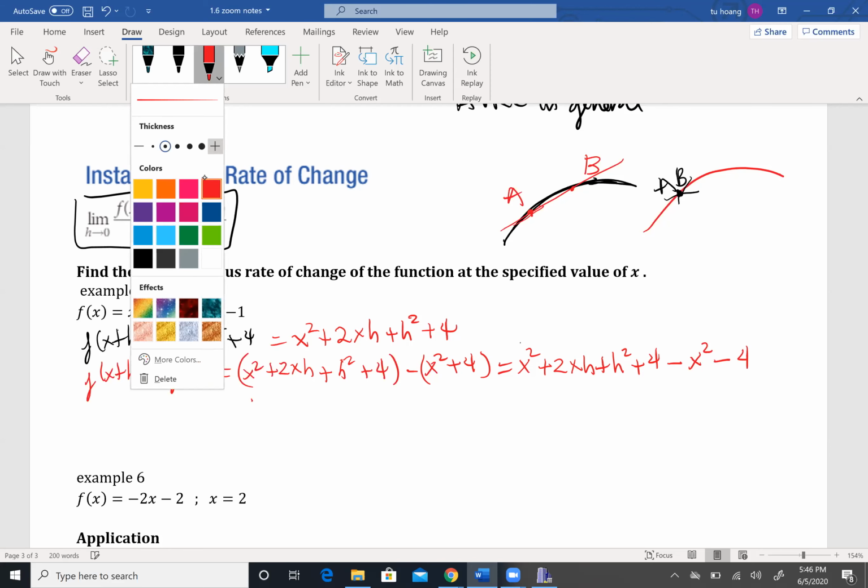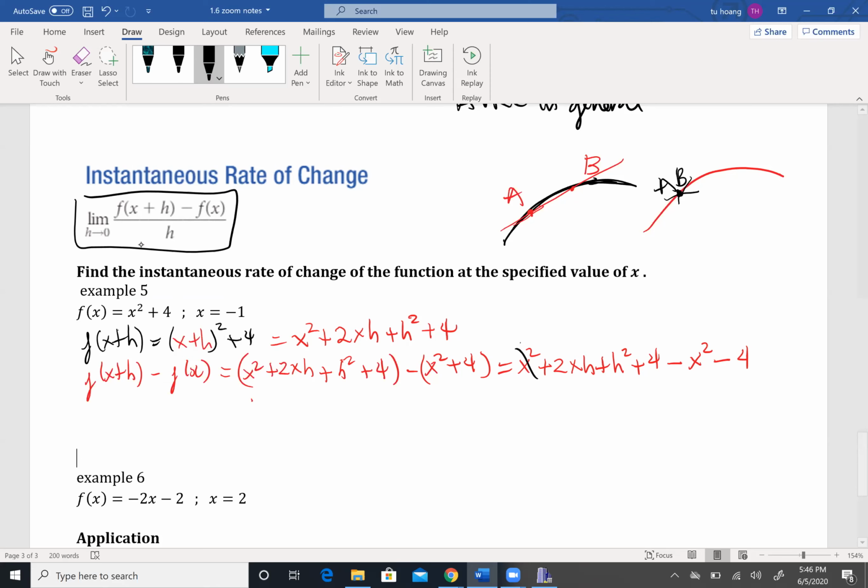So now you can cancel something. This x squared goes, this positive 4 goes. I can tell you a secret: mostly the terms without h will be gone.